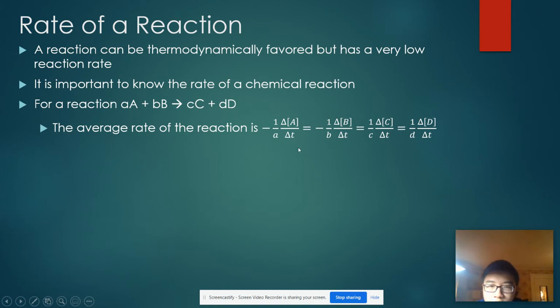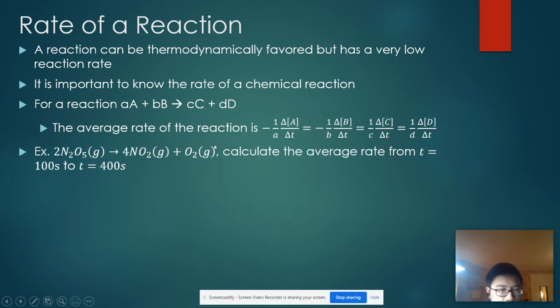But if we divide by the coefficient for each substance, they can be the same. And we want the rate to be positive, but the rate of change of reactants is negative. That means we need to add a negative sign in front of them to make them positive.